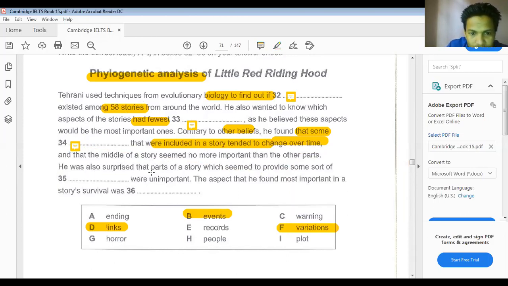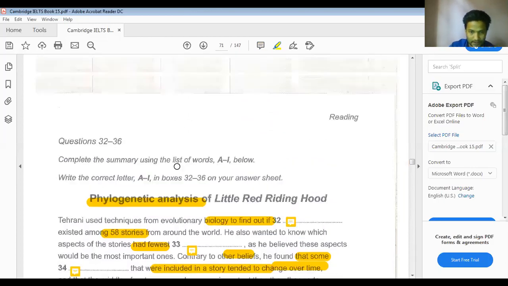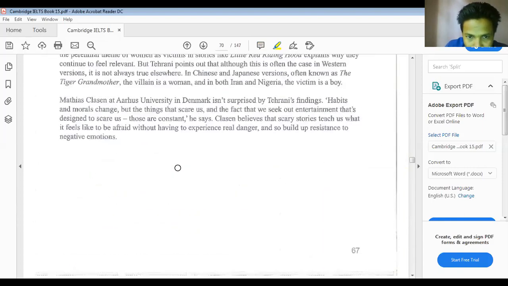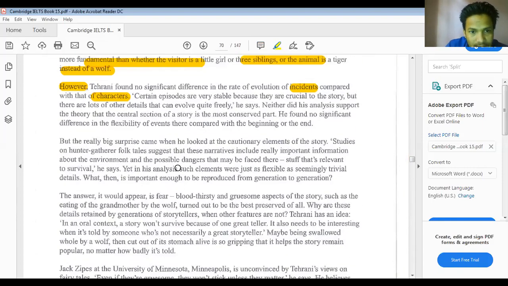He was also surprised that the parts of the story which seemed to provide some sort of warning were unimportant. They were not important. Let's see. Certain episodes are very stable because they are crucial to the story, but there are lots of other details that can evolve quite freely.